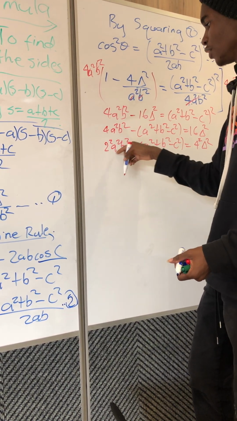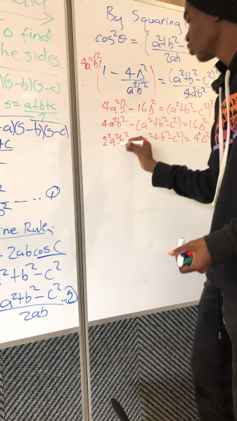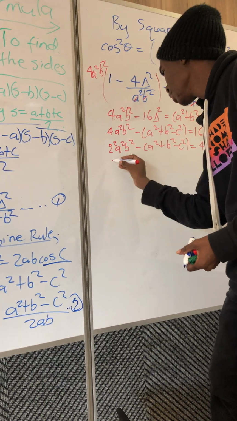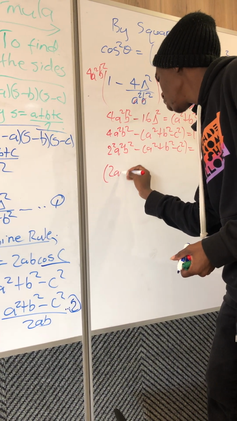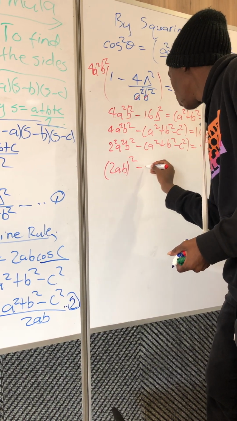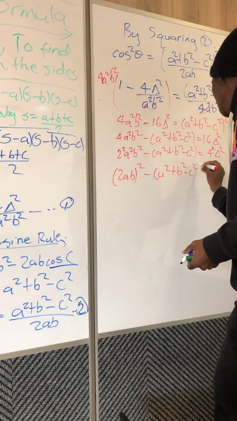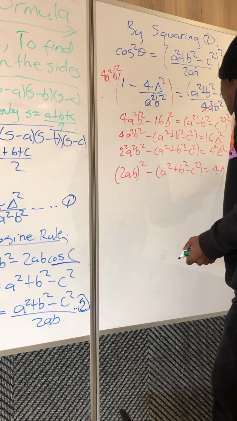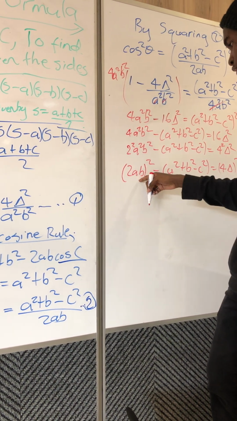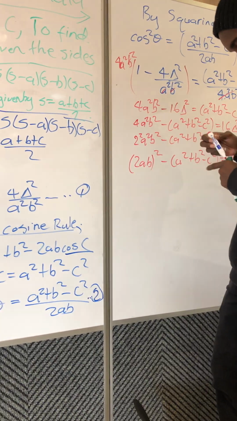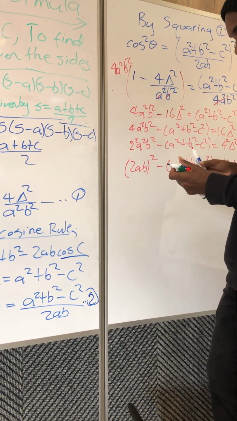This is the same as taking the square out of everything, which is 2ab squared minus a squared plus b squared minus c squared, all squared, equals 4 delta squared. And yet, can you see something? There's a beautiful mathematics which is happening.